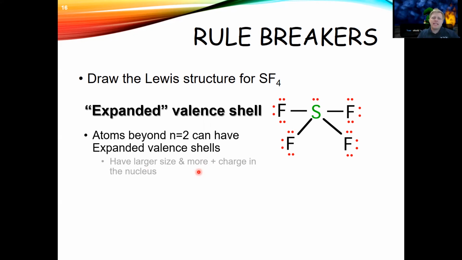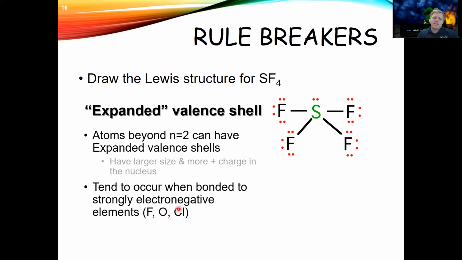And usually you get this happening when you're bonding to something strongly electronegative, like fluorine, oxygen, or chlorine. In SF4, these fluorines are each pulling fairly hard on these bonds. And so you can almost think about this as sulfur on average having 8 valence electrons. That's kind of a watered down view of it, but it's something that works.